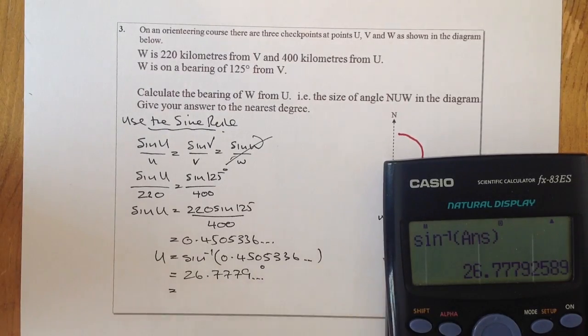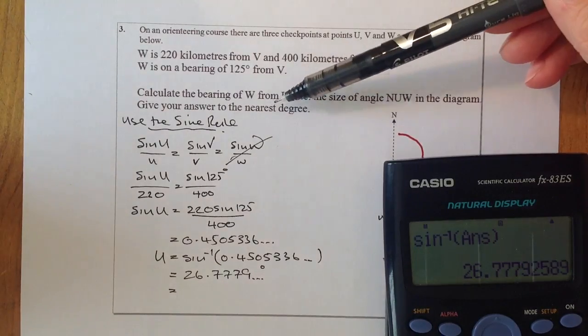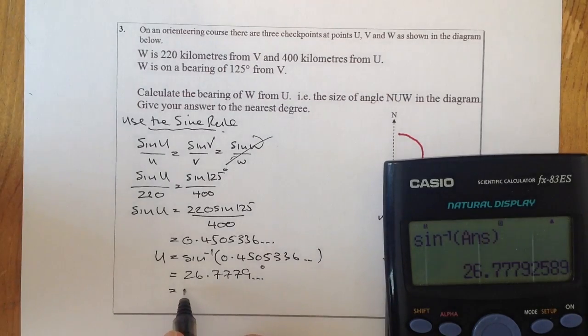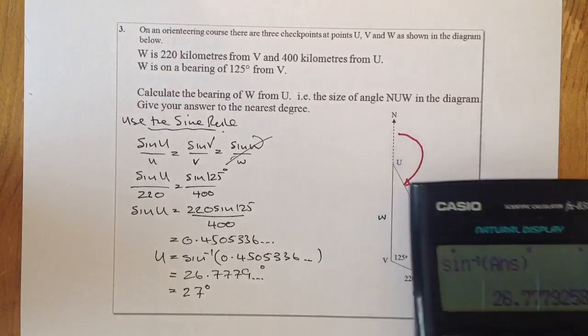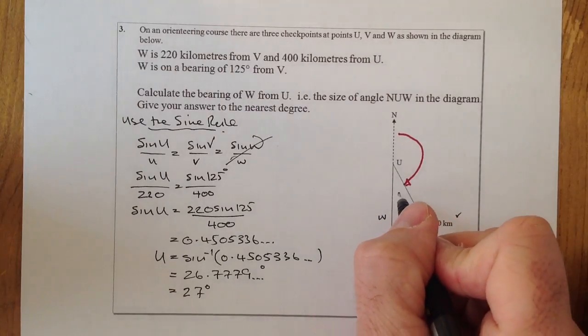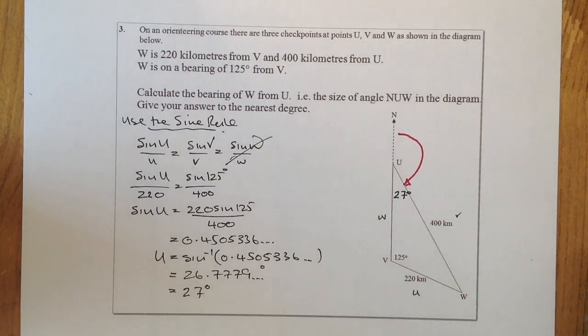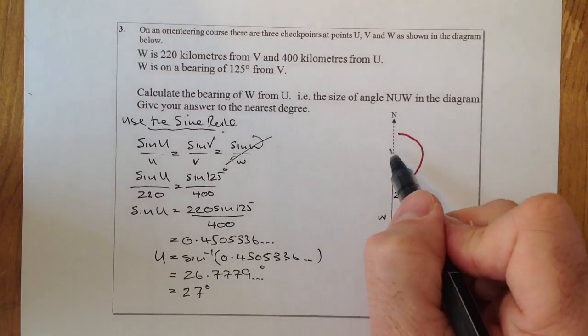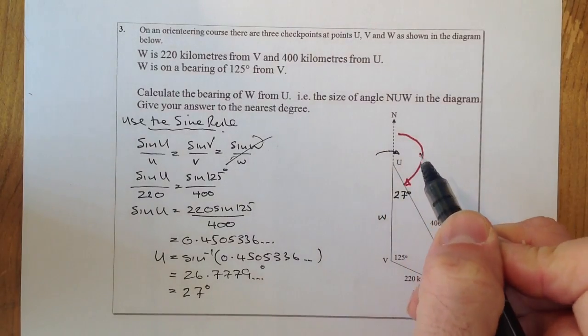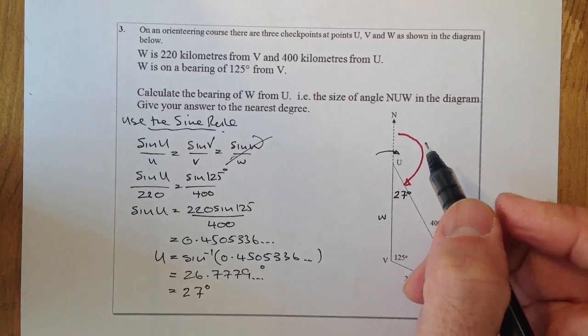I know I have to give my answer to the nearest degree, so let's go for 27 degrees. Remember, that's the angle in here, so that's 27 degrees. To find the bearing, I'm going to subtract it from 180.